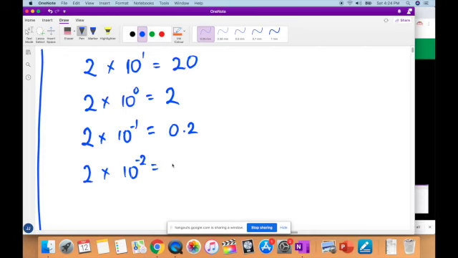One over 10 to the power 2. Where's the answer? One over 100. I mean the final answer. What is 2 times 10 to the negative 2? Caitlin, what is the final answer?